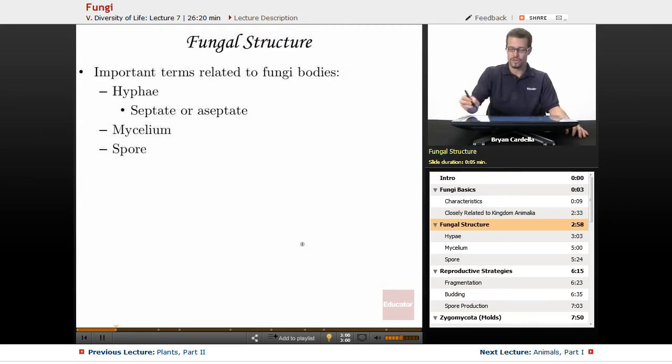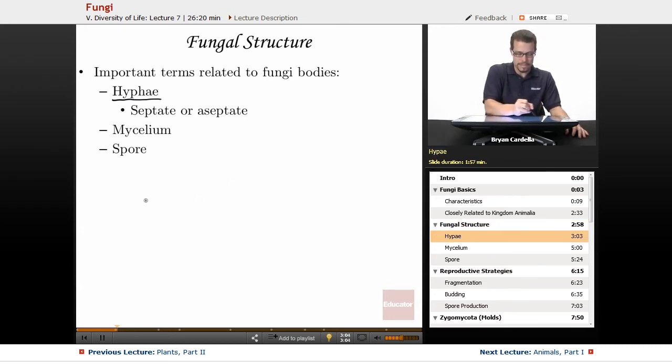All right, fungal structure. Hyphae is the real common kind of body part for a fungus. So here's fungal hyphae below the surface.